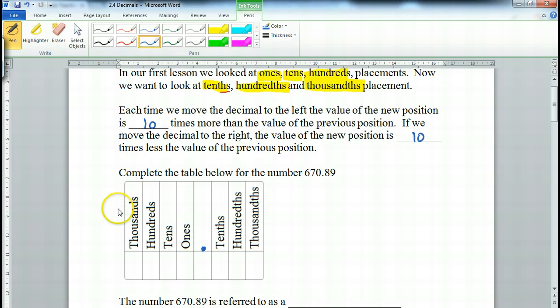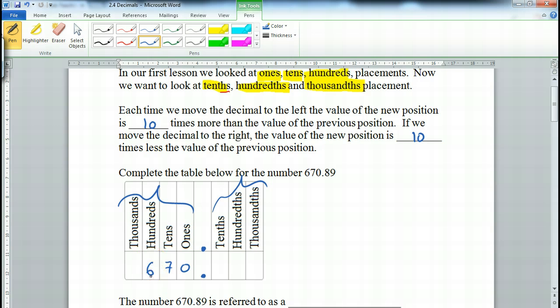So these ones here we're all very familiar with, and today we're looking at the decimals, which are over here. Then I'm going to fill out the ones position, which is a 0, the tens position is a 7, and the hundreds position is a 6. So everybody should be comfortable with those.